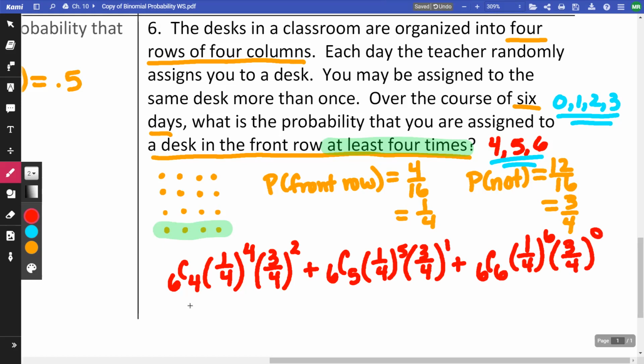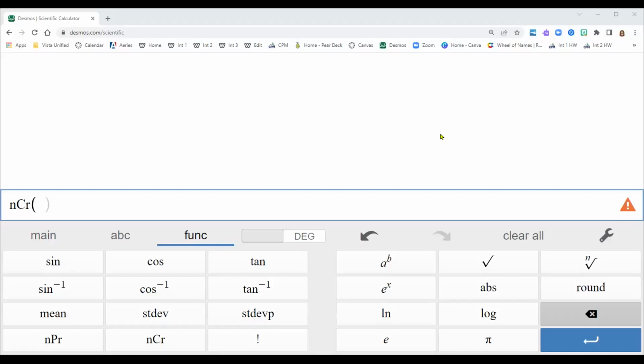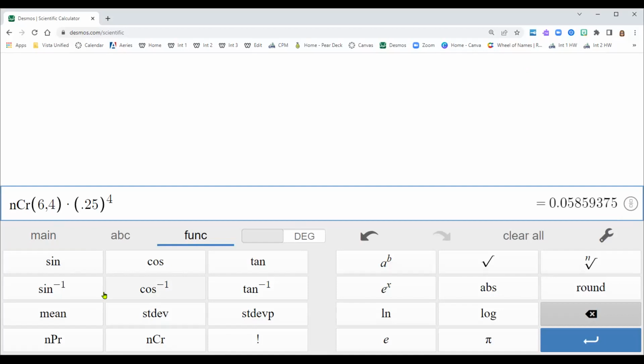And we're going to work this out. So let me put this into the calculator. I am going to do 6 choose 4 times 1/4, I'm just going to put it in as 0.25, 0.25 to the power 4 times 0.75 to the power 2.